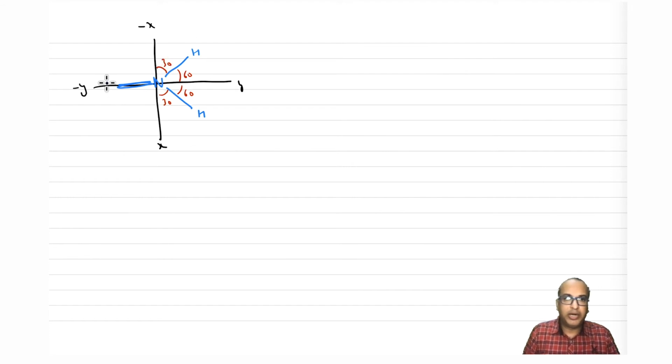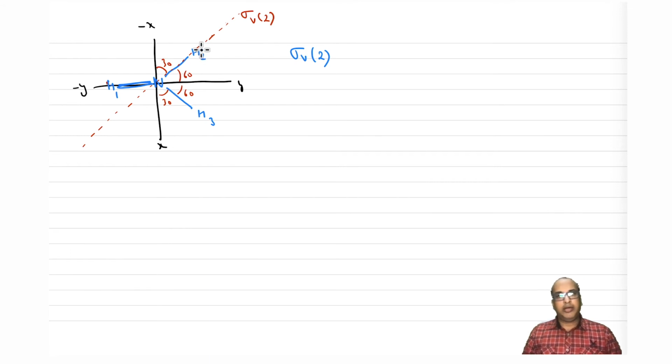And we are trying to write for sigma v2, a plane which is actually passing through this NH2 bond. This is my sigma v2.